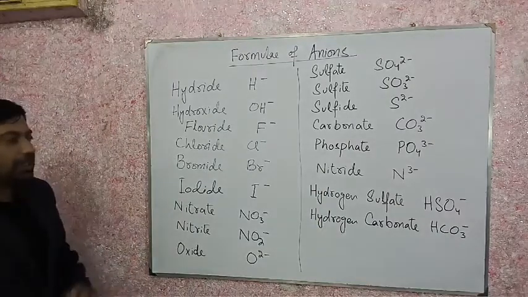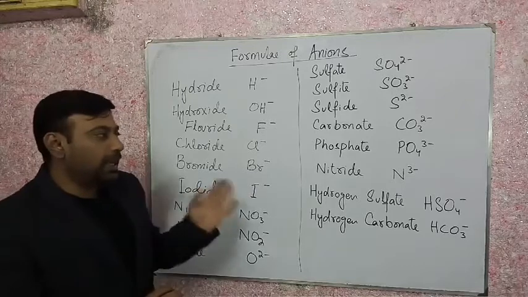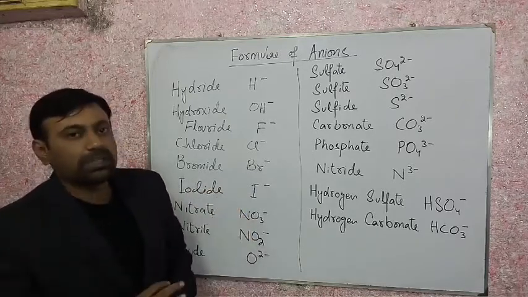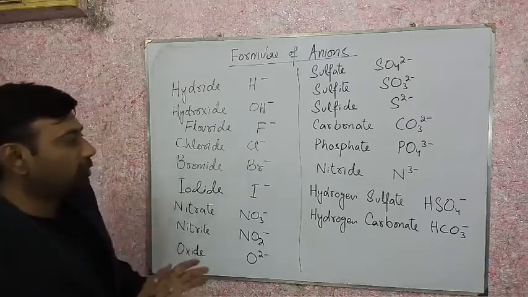But all the other ions, you have to learn their formulae. All the anions except these group 7, group 6 and group 5 element ions have to be learned.